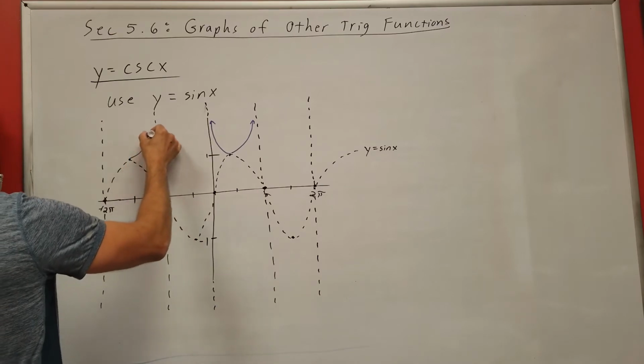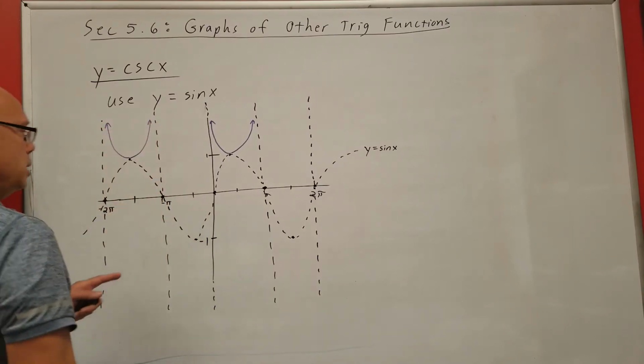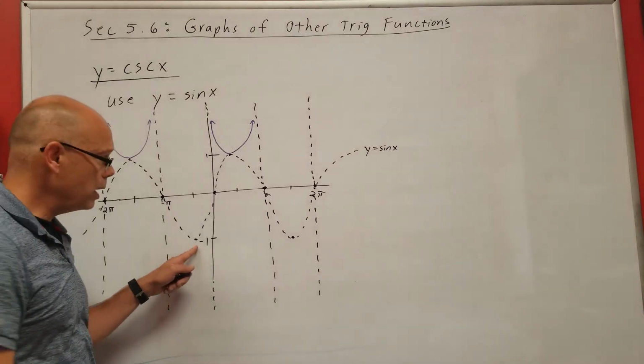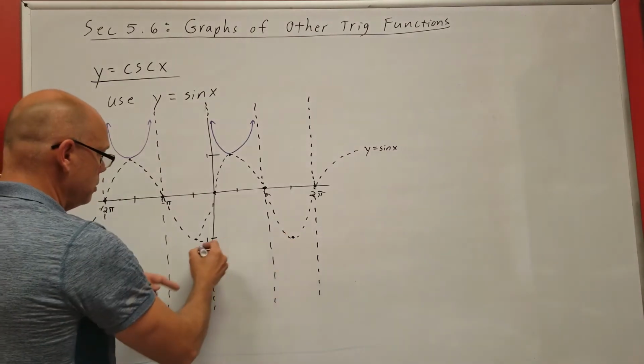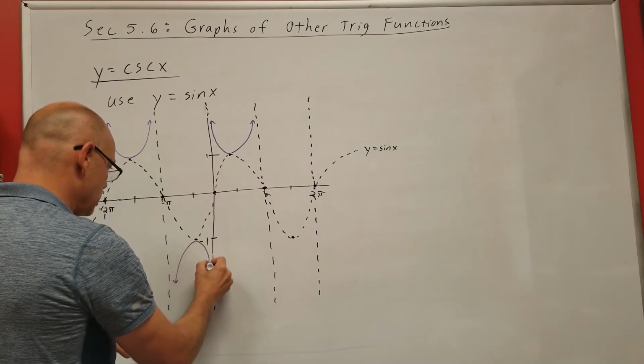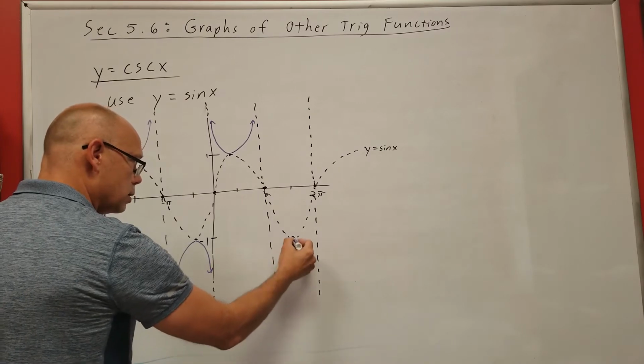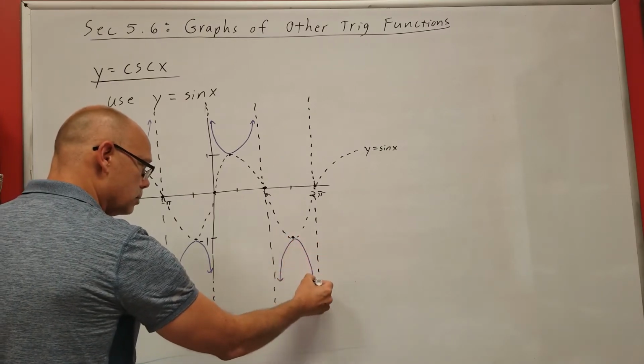Right here. Going to look like that. And at each one of these minimal values for your sine function, you're going to have something that almost looks like a parabola that goes downward. Remember, it doesn't touch these vertical asymptotes, it just kind of hovers along them.